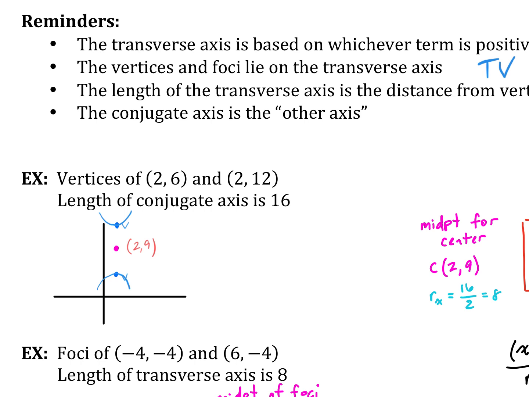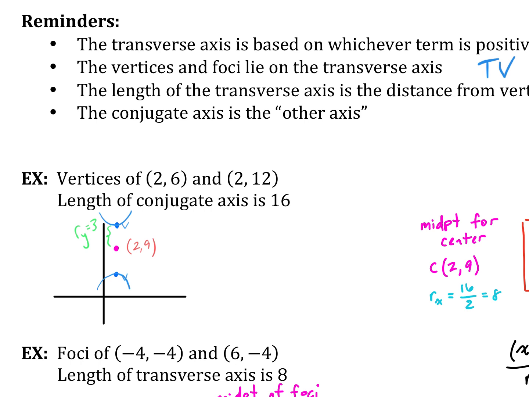So we'll think about that in a second. Remember, the conjugate axis is the other guy. The other thing we can think about is the distance from our center to a vertex. Well, that's going to be our y radius, and we should be able to just count that, okay? Our y radius is going to be, what, 3, it looks like? Okay, so our y radius is 3.